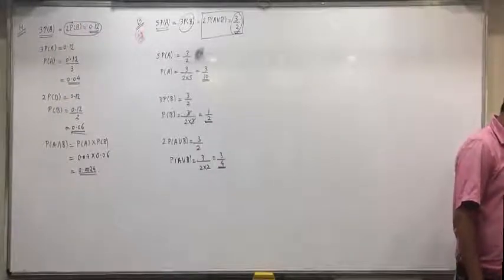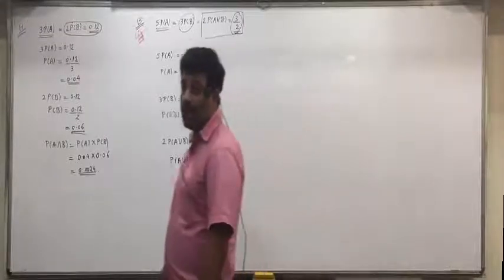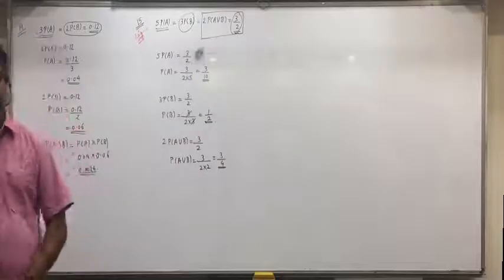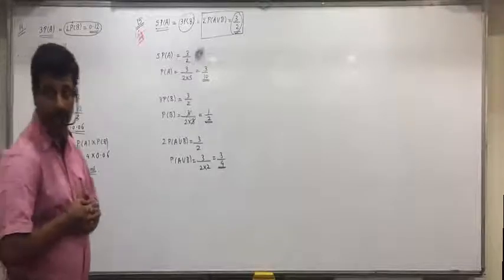P(A naught union B naught). Raise your hand, how will you find that? Someone else should be able to answer. How will you find P(A naught union B naught)? If you remember all the notes properly, you must be able to answer this.